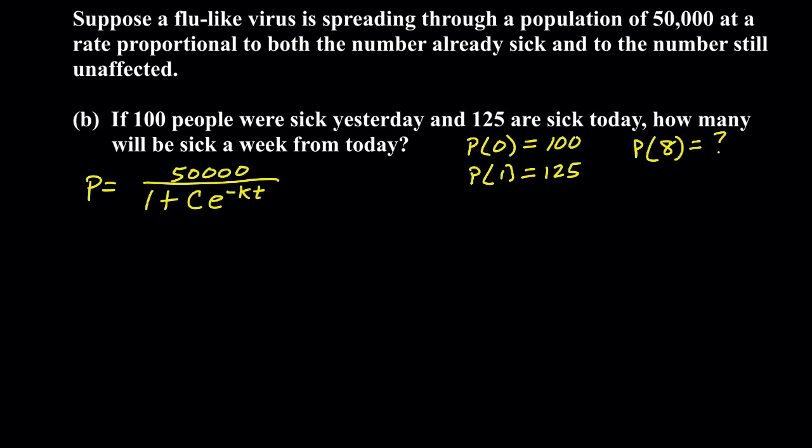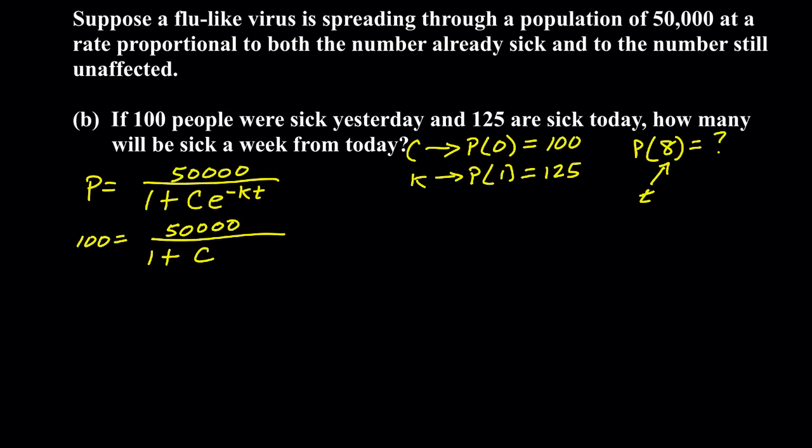And so like before, we're going to use this value to find C, use this value to find K. Once we know those, we can plug this in for T and find our P value. All right, so starting out, we're going to end up with 100 equals 50,000 over 1 plus c.